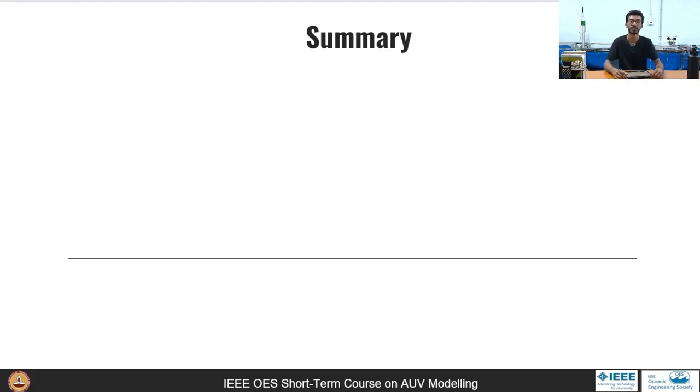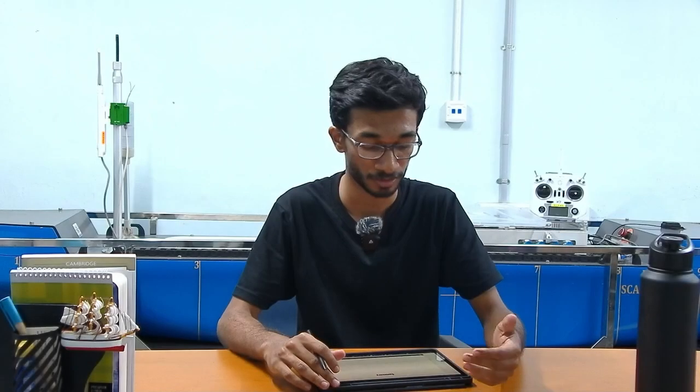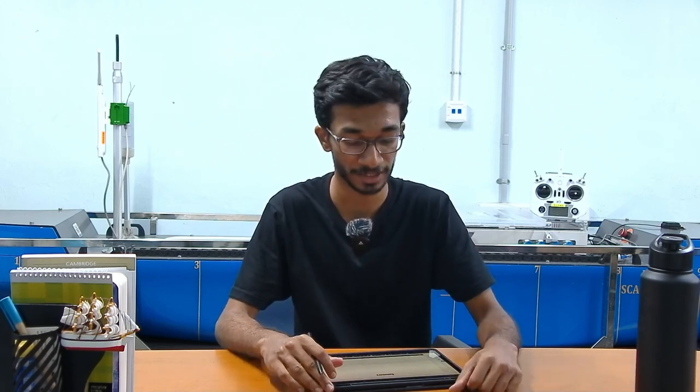So let's just summarize what we have studied in this module. First, we looked at the introduction of the need for an autonomous system. Then we also looked at the 4 pillars of autonomy. We looked at all of these 4 pillars, including the perception module, the navigation and control module, as well as the path planning module.